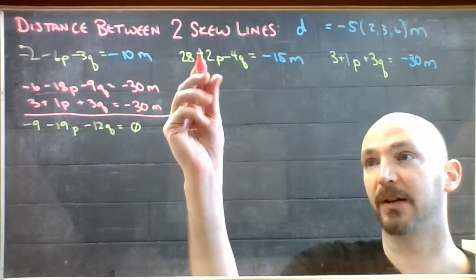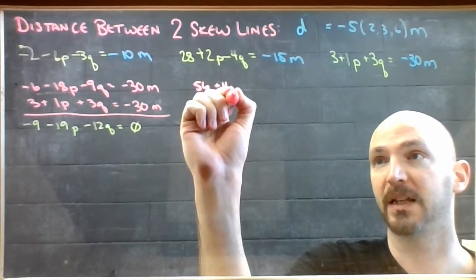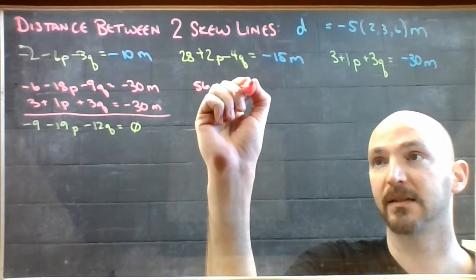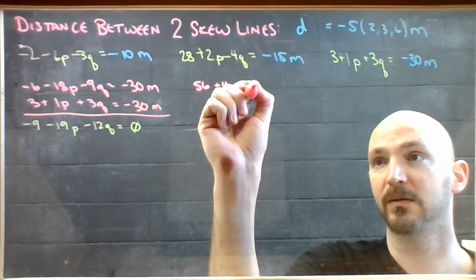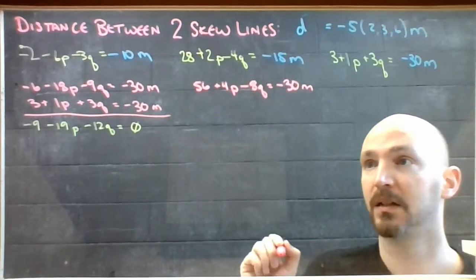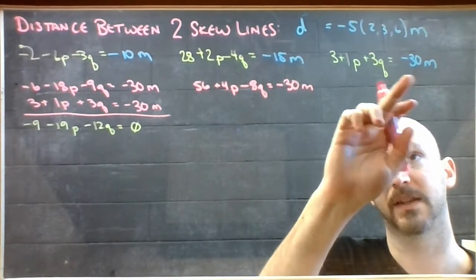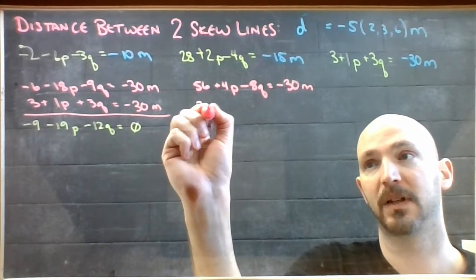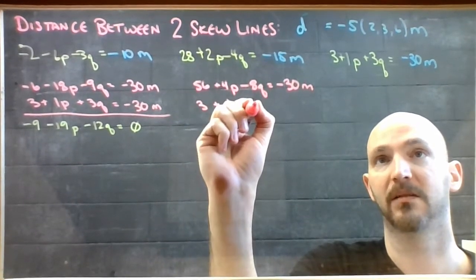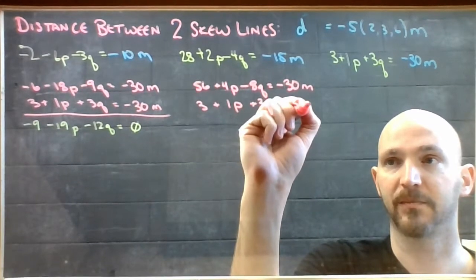Double this one, I would have 56 plus 4p minus 8q equals -30m. And I'm going to write this one again: 3 plus 1p plus 3q equals -30m.